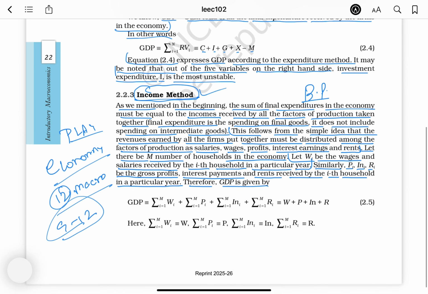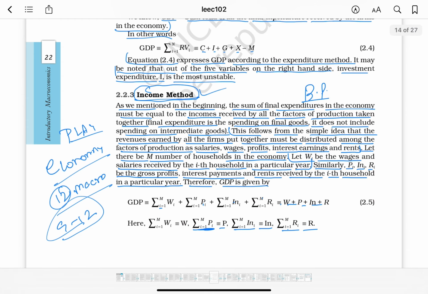Therefore, GDP is given by GDP equals sigma i=1 to m of Wi plus sigma i=1 to m of Pi plus sigma i=1 to m of INi plus sigma i=1 to m of Ri, equal to W plus P plus IN plus R. Here sigma i=1 to m of Wi equals W, sigma of Pi equals P, sigma of INi equals IN, sigma of Ri equals R.